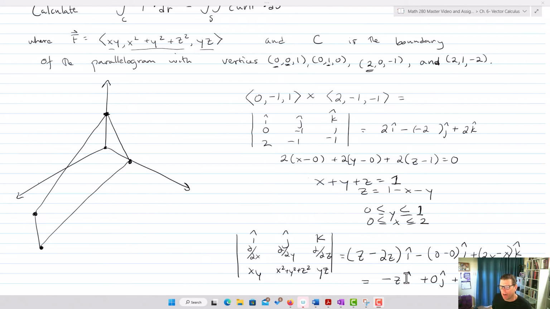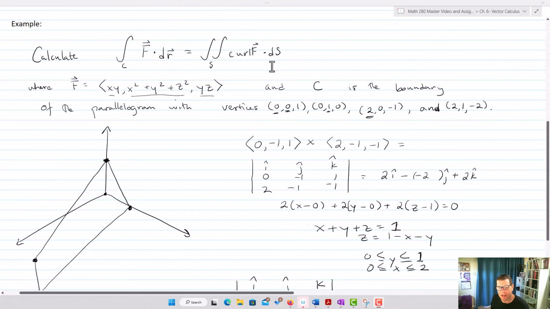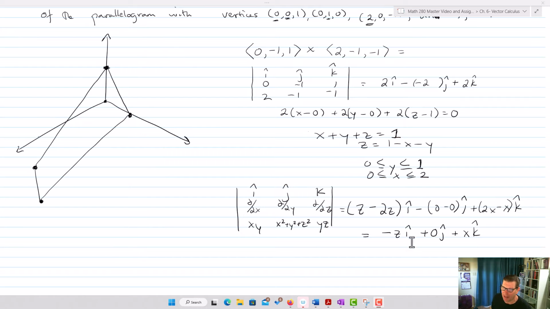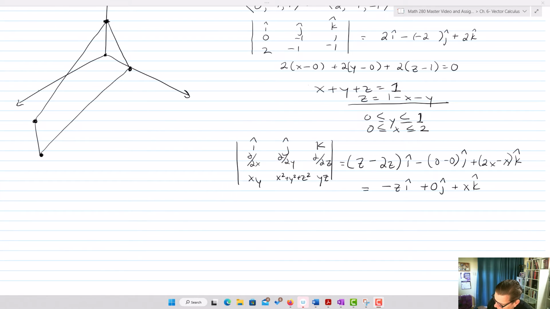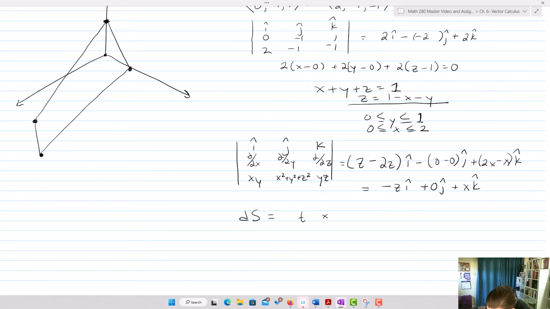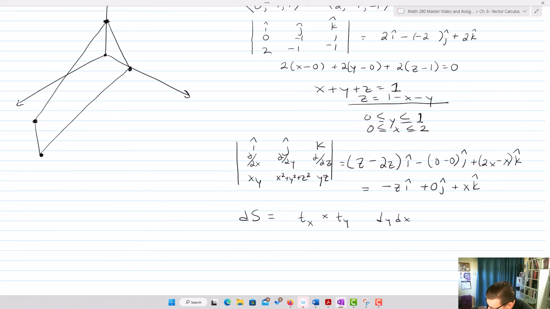What should be apparent here is how simple it's going to be to find the dot product when we dot it with dS. We've got negative z i plus 0j plus x k. It's going to end up being very clean when we integrate. Let's now calculate dS. So remember, dS is going to need Tx, in this case, cross Ty. Those are our parameters, and then it'll be just dy dx.